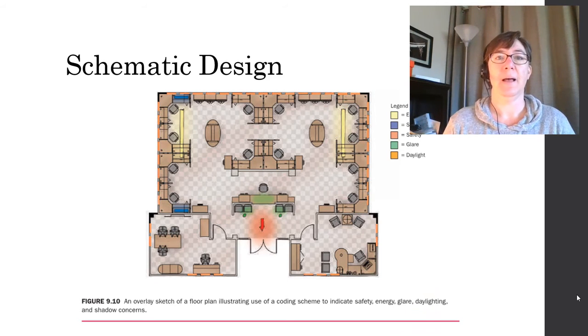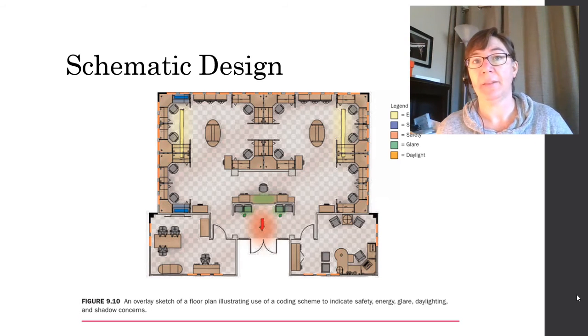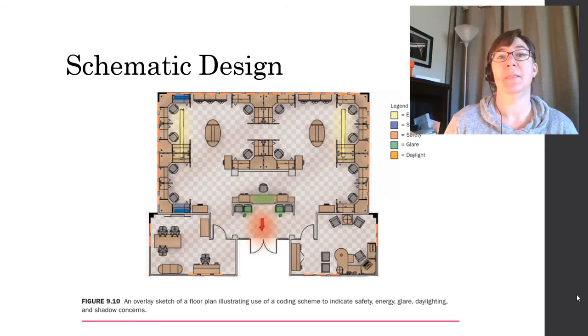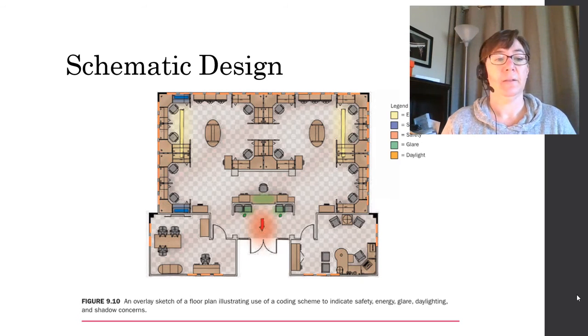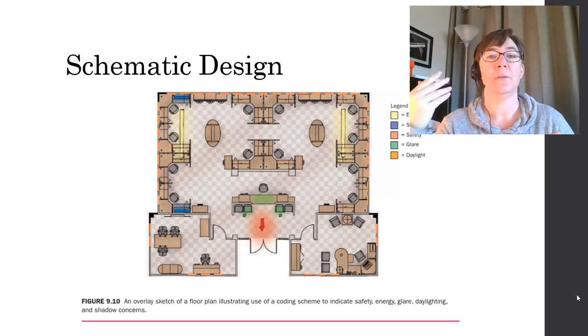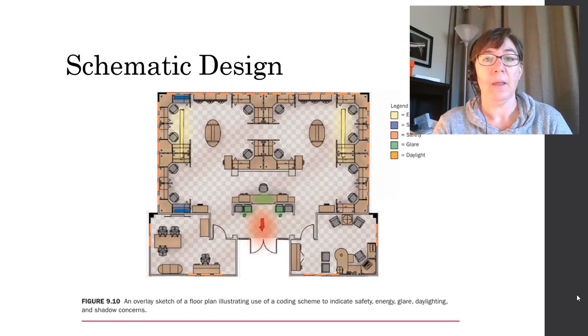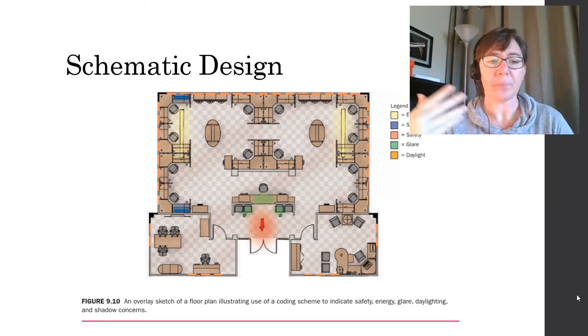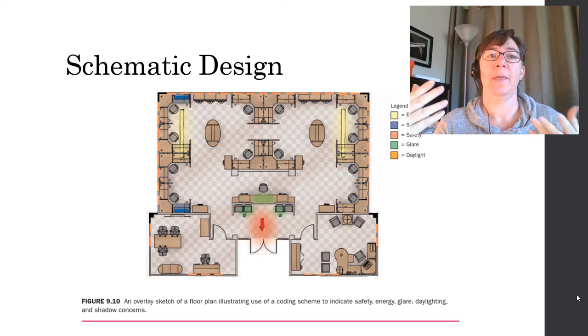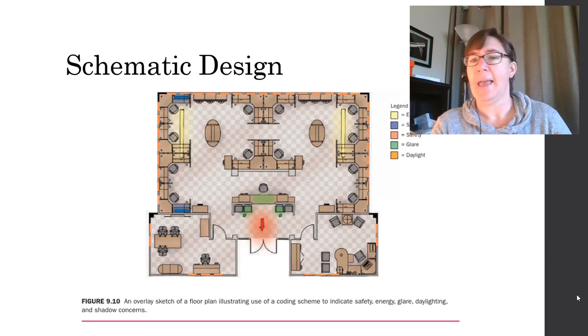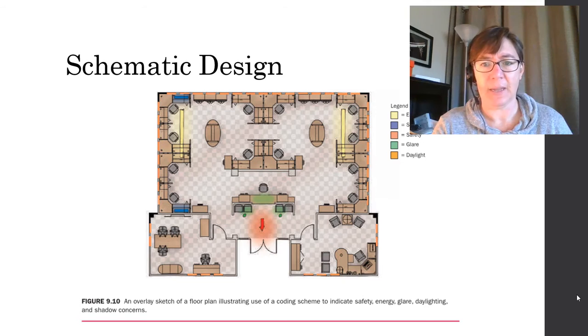Here's an example of one way to analyze or process some of the data gathered in the programming phase. So over here we've got a floor plan, and a designer has come through and used some color coding to overlay the floor plan with a bunch of information: energy, shadow, safety, glare, daylight.